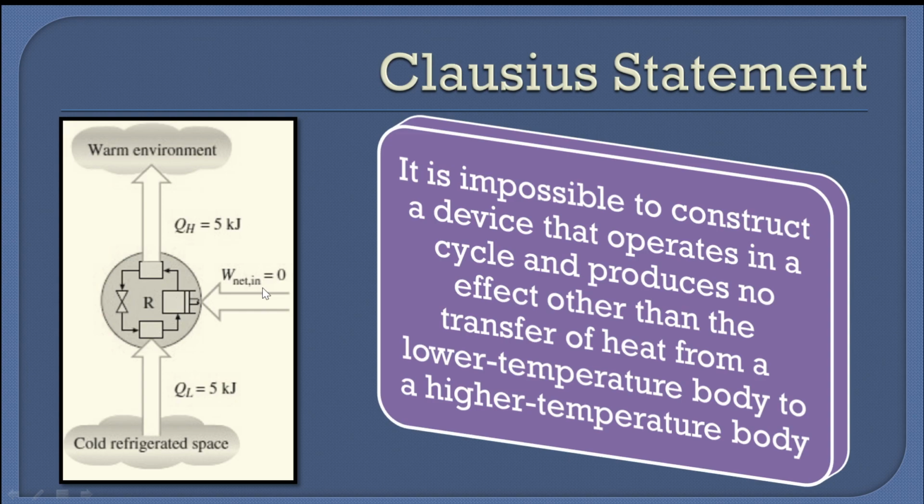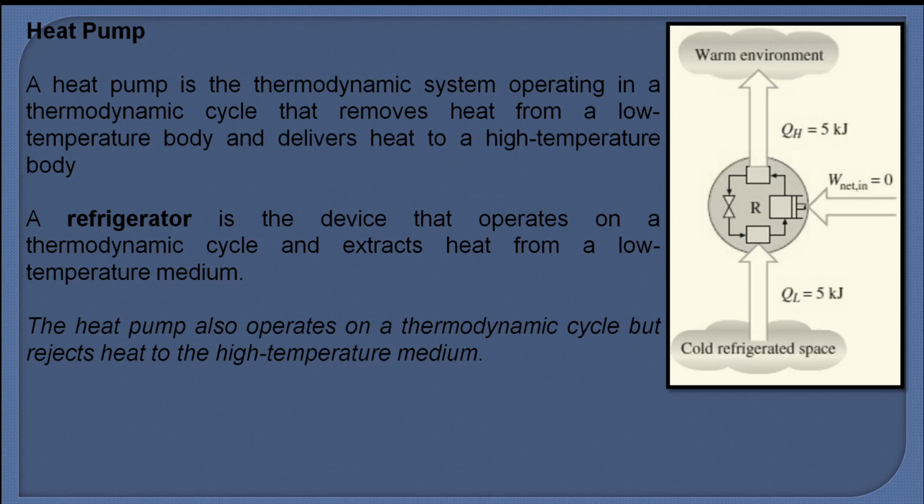Some external work input is required to transfer heat from low temperature to high temperature reservoir. So such a device which transfers heat from low temperature to high temperature with the help of some external aid is termed as a refrigerator or a heat pump.